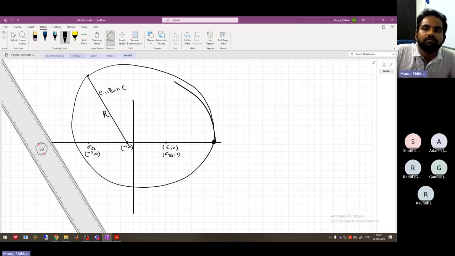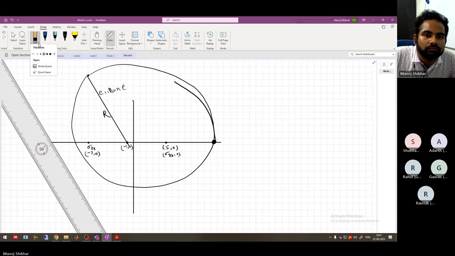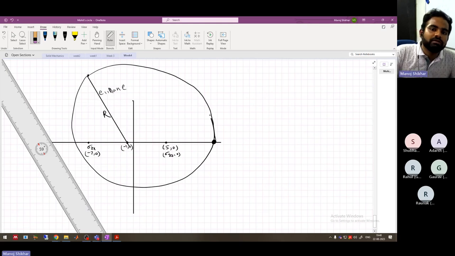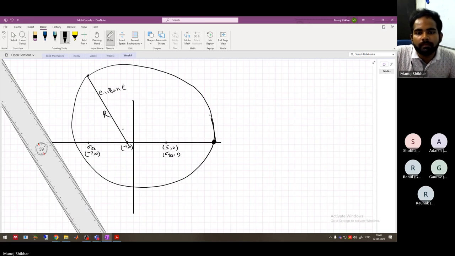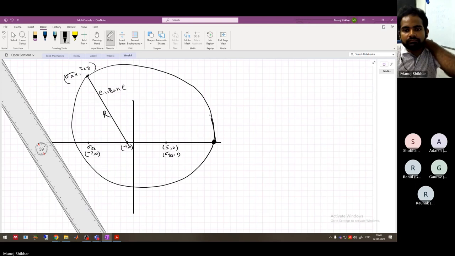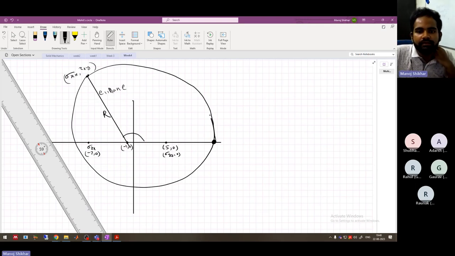So this is our circle. This is sigma xx comma tau xy. This is our angle 2 phi.